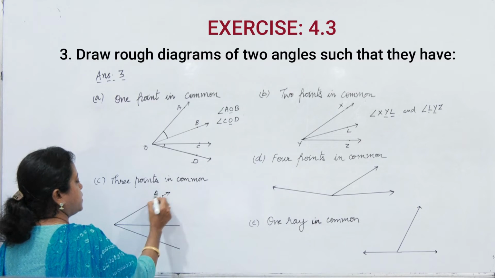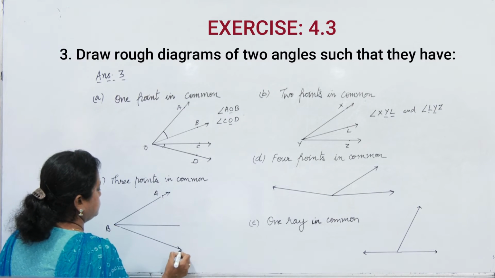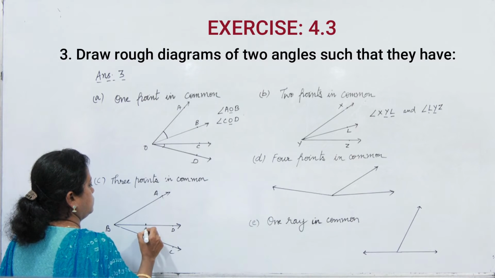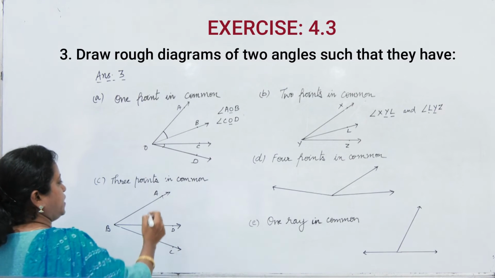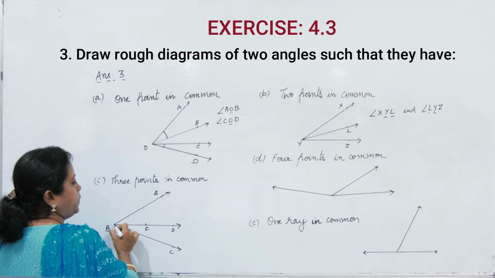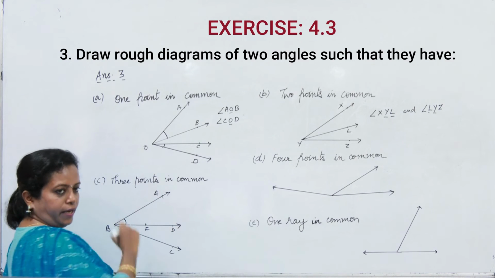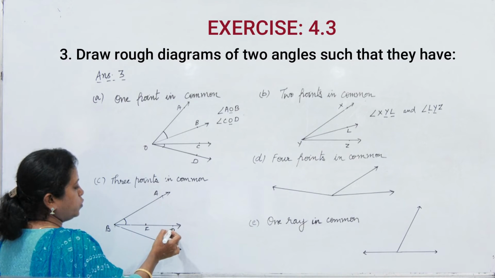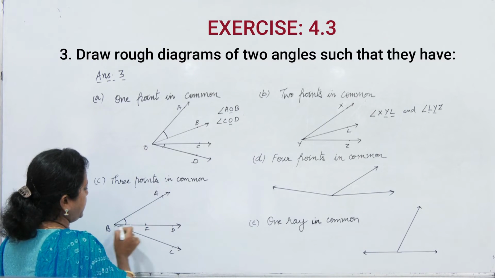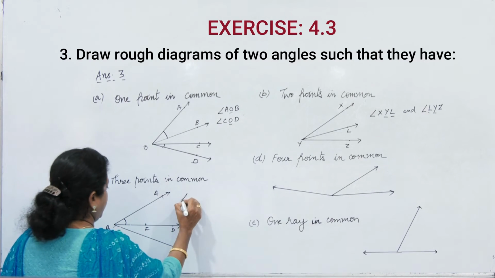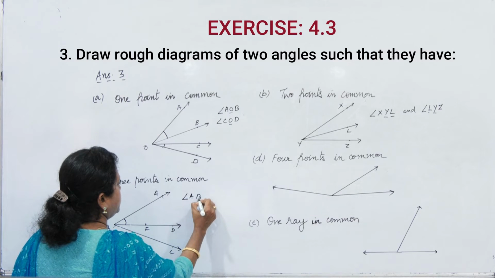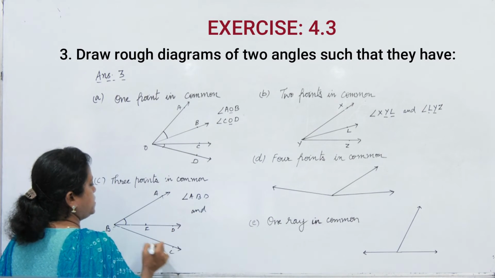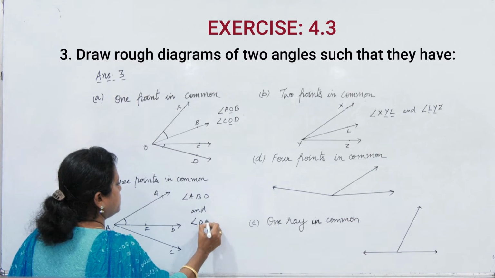Again mark some points here. So if you are taking the angle ABD, if you want to make 3 points in common, you can name the other angle as angle DBC. Angle ABD and angle DBC.